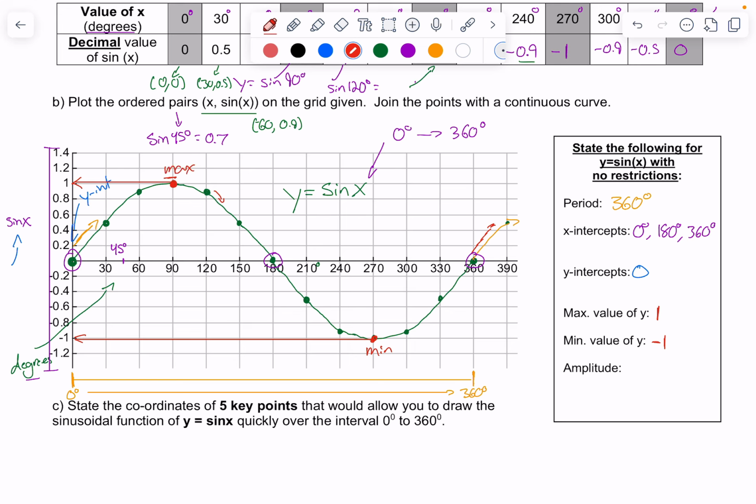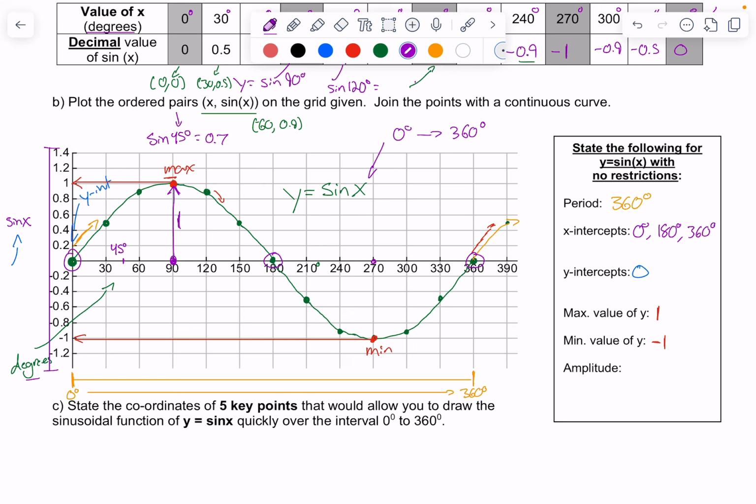So, recap from yesterday. The amplitude is the distance from the center line all the way to either the max or the min. Or it's max minus min divided by 2. So, you can visually see it. This is the center line right here. And how far would you have to go to get up top there? Well, that's a unit of 1.